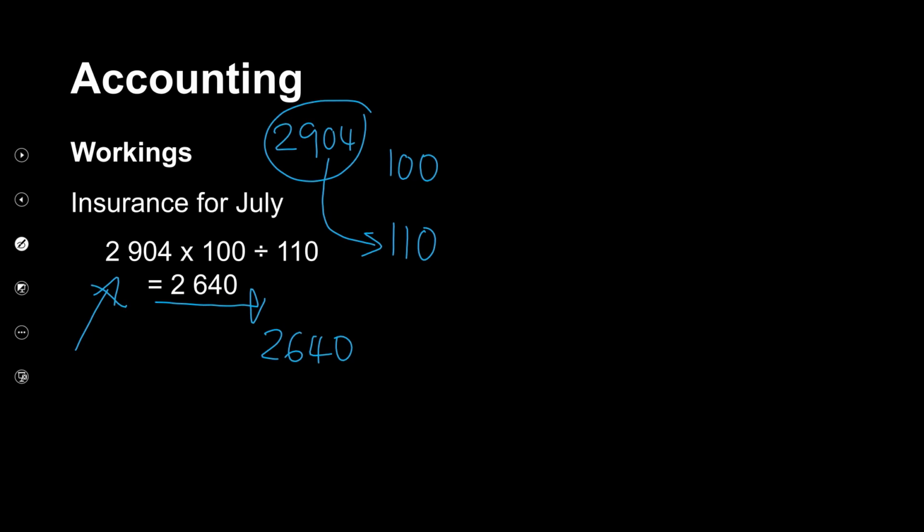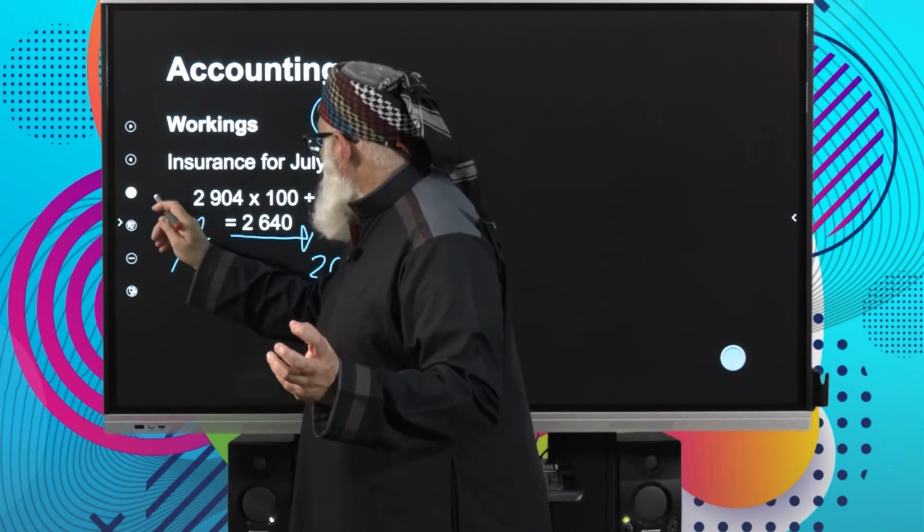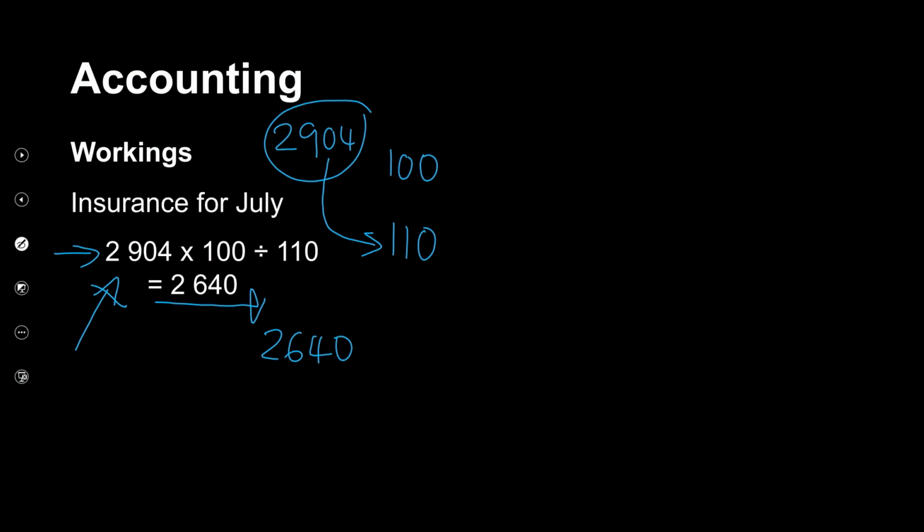So in this particular example, they gave you the insurance after the increase, and that's the important part to remember. The 2,904 was the amount after the increase. In other words, another way of setting this out for you, 2,904 is equal to 110%. Watch, I'm showing you another way of calculating this figure. The 100% is your unknown.